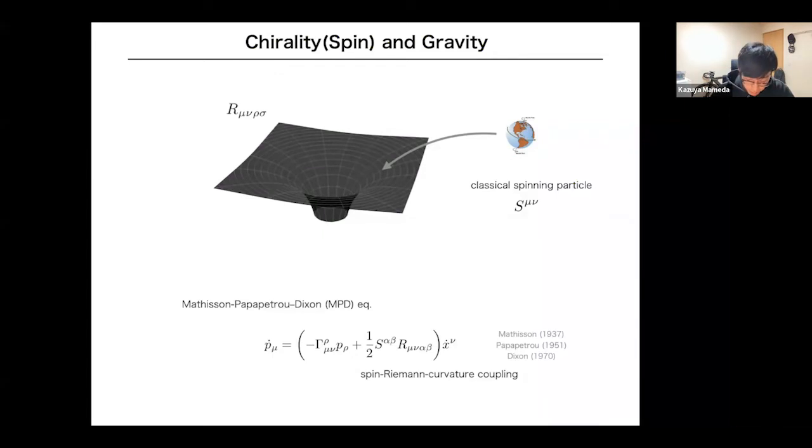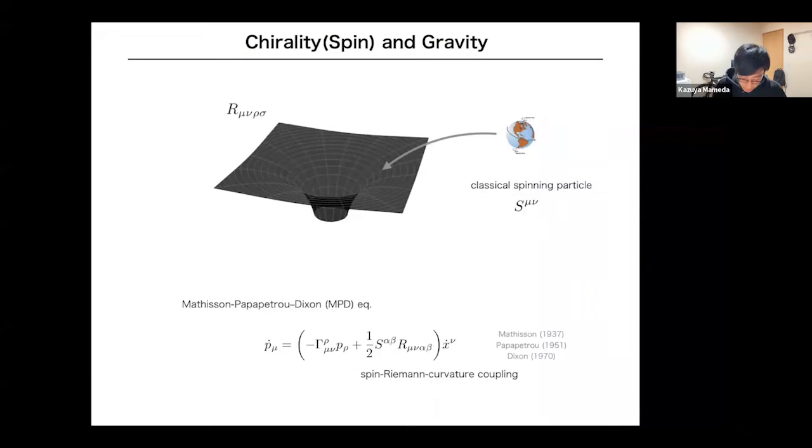And also, we prepared some curved background geometry like this. And the gravitational effect of this geometry is described by the Riemann tensor like this. Then the question is, what is the trajectory of this spinning particle on curved geometry?